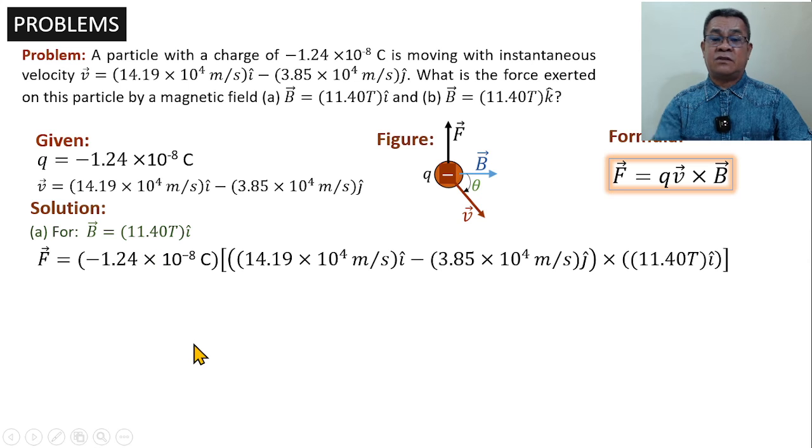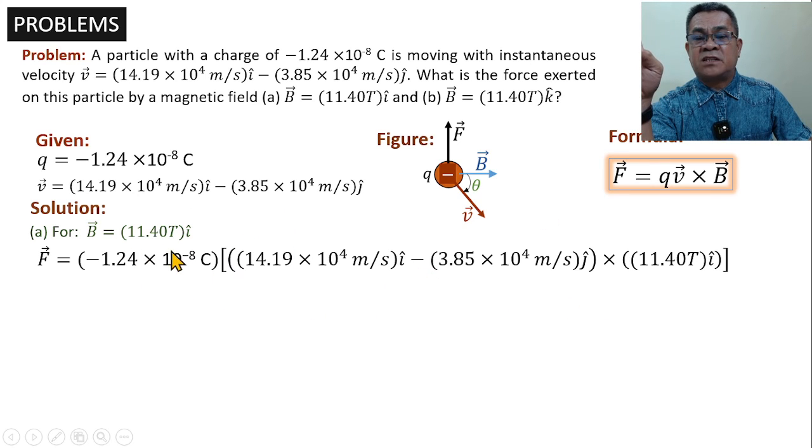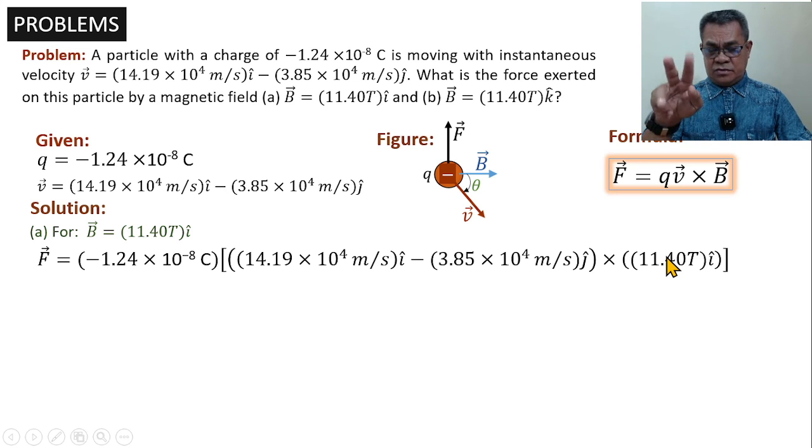So then all you need to do is to take note. The answer should be 2 terms. Why? Because this is a 2 term. So distribution process: you can distribute this by multiplying this first term here. Okay, then take the result, then multiply this one here. Now we have two terms.